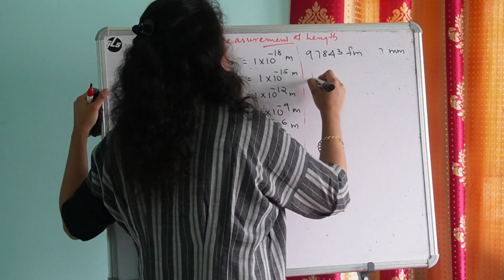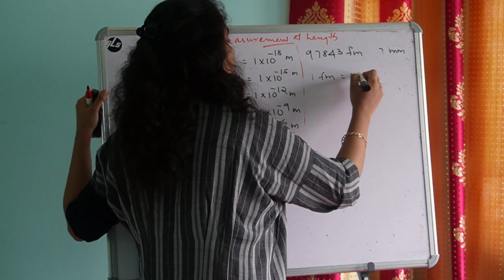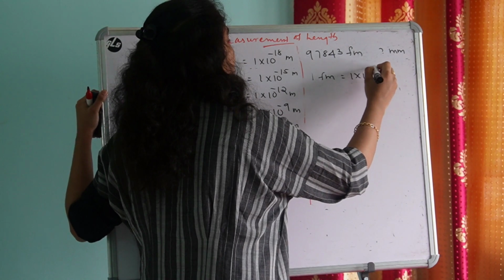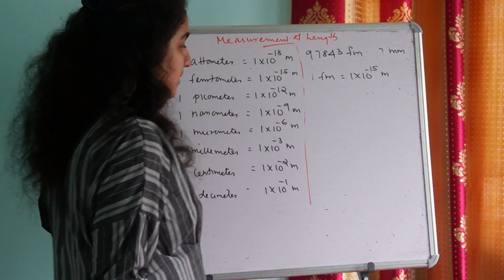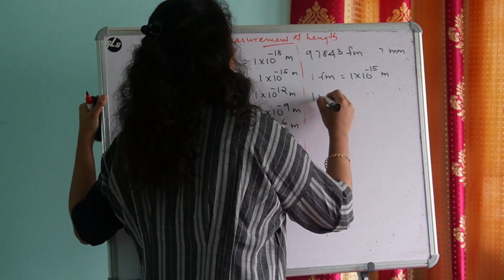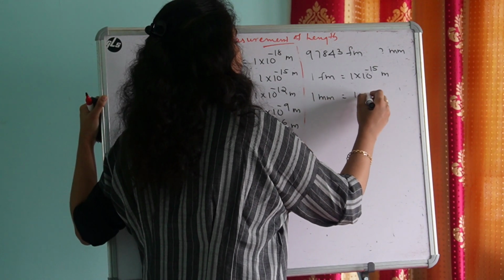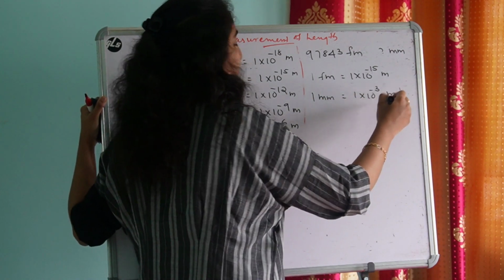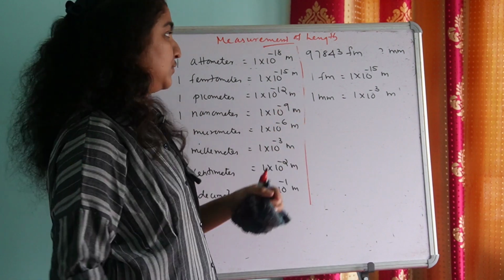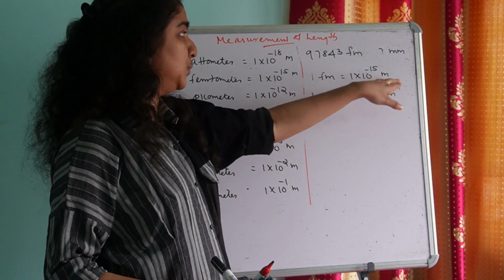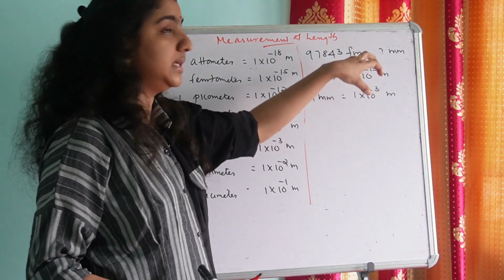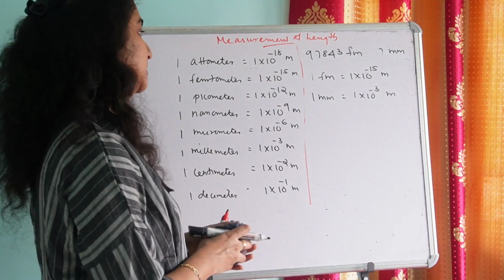That is, 1 femtometer is equal to 1 into 10 power minus 15 meter, isn't it? Again, 1 millimeter is equal to 1 into 10 power minus 3 meter, isn't it? Yes. So the unit meter is common in both the equations.